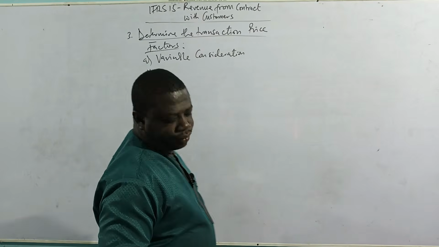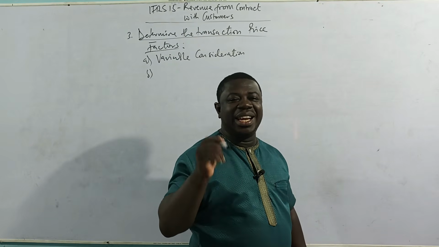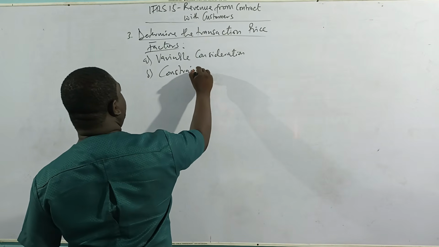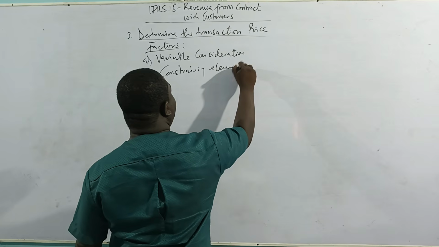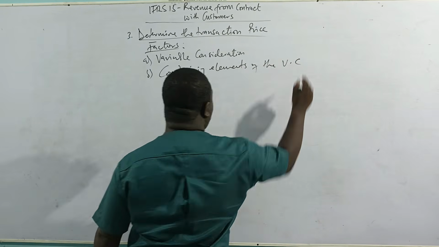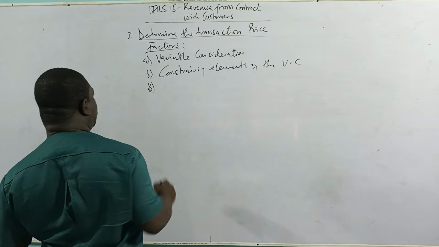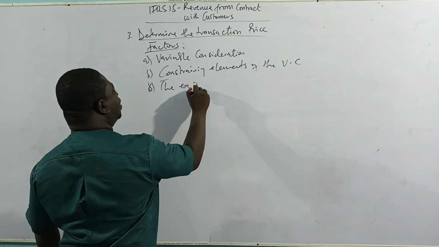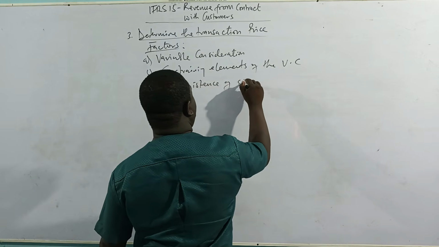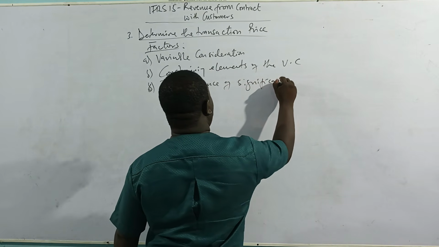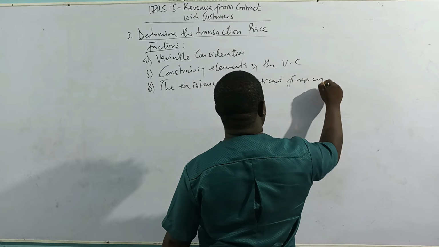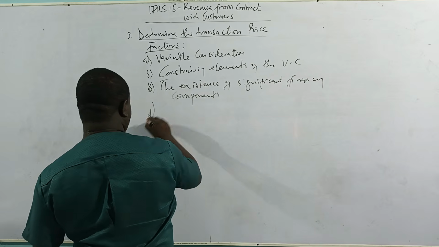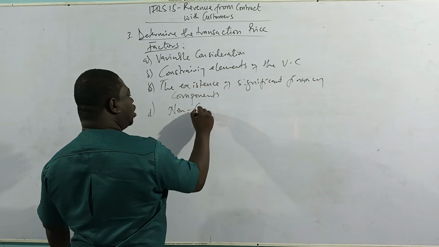The second one is the constraining element of the variable consideration. So constraints. I'll explain that to you, don't worry. And then we also consider the existence of significant financing components. And then we'll look at non-cash considerations.